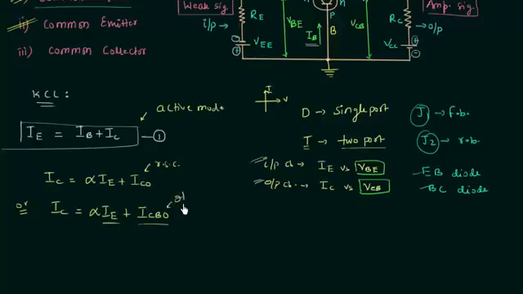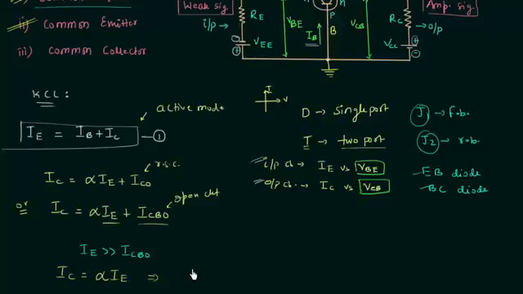This O stands for open circuit, because we measure this current when the emitter terminal is open. When we compare IE and ICBO, the emitter current is greater than the reverse saturation current, because reverse saturation current is due to the minority charge carriers and they are very small in number. So we can neglect ICBO, and IC, the collector current, is simply equal to alpha times IE.